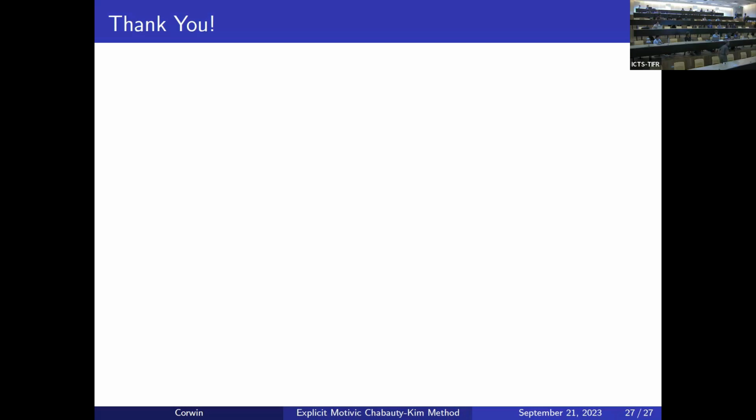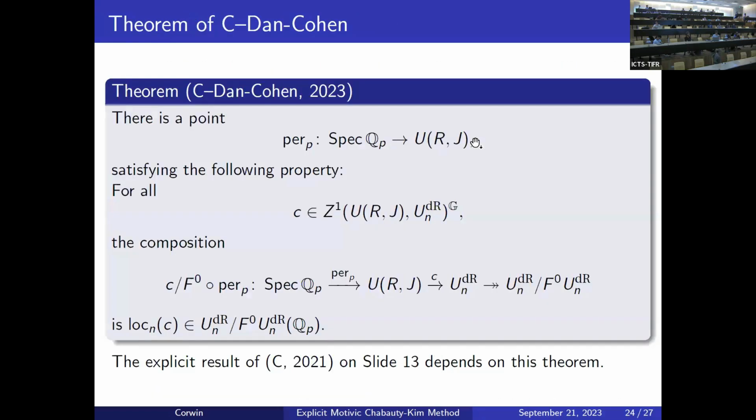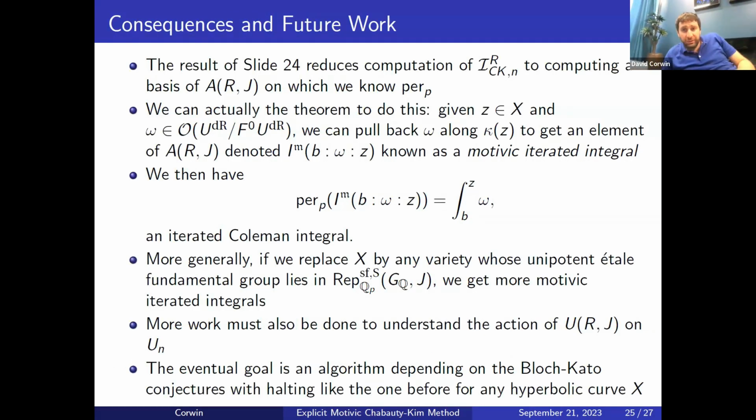David? Yes? Thanks for the talk. I had a question for the, I think it was the next to last slide, when you talked about replacing X by something else. Do you mean, for example, symmetric powers of the curve? For example, you can think about the Jacobian, you can think about the complement of X in the Jacobian.